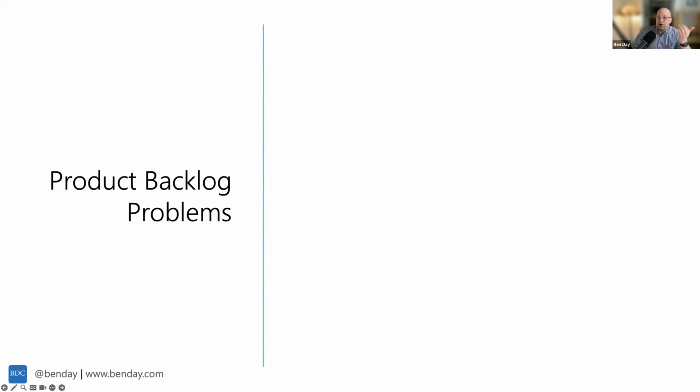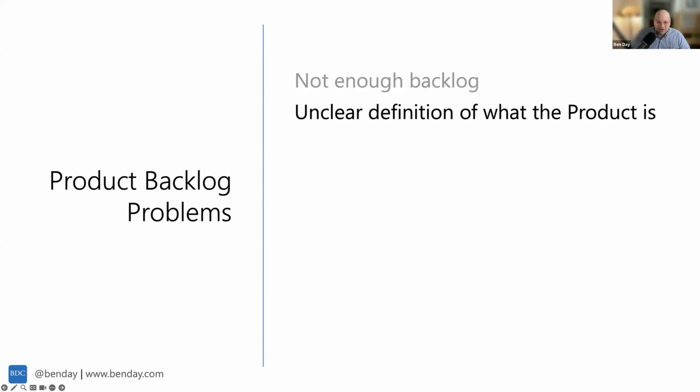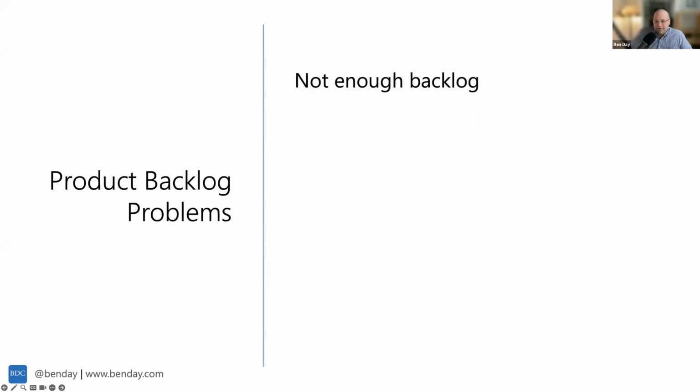One of the biggest problems that I see with teams, especially teams that are in trouble, is that they have not enough backlog. Maybe they've got some stuff, but it's not really clear what's actually happening on that.